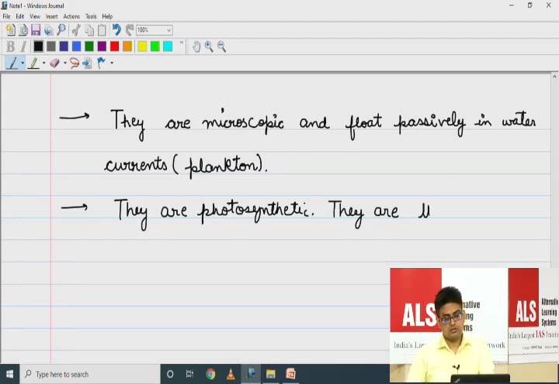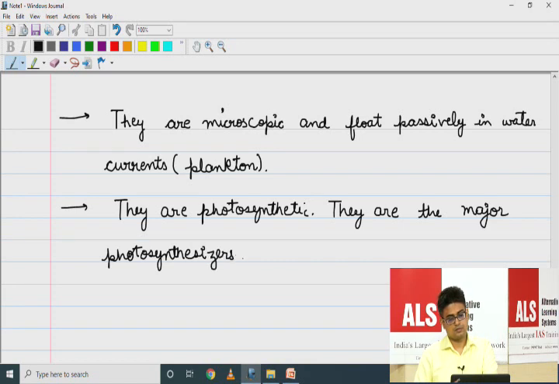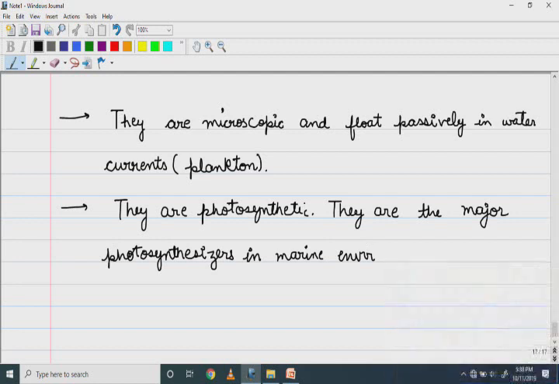They are the major photosynthesizers in the marine environment. They are the most important photosynthesizers among all the plant groups that exist in the world.